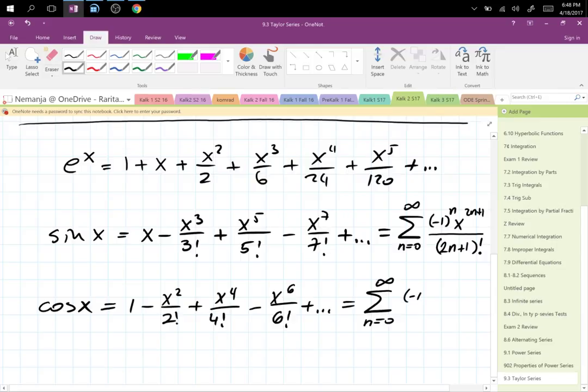You still have this alternating term. Start at 0. You have x to the 2n, right? 2n generates even numbers. Why start at 0? Negative 1 to the 0 is 1, right?